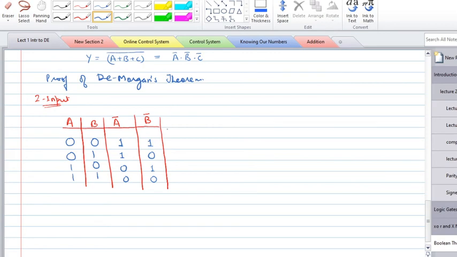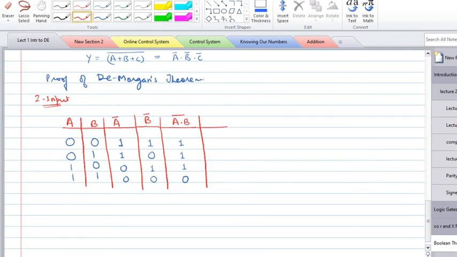And what will be the value of A dot B? That is 1, 1, 1 and 0.